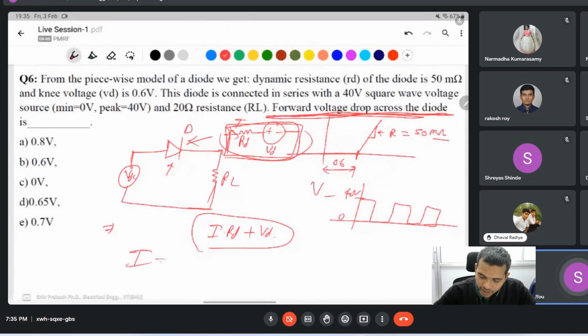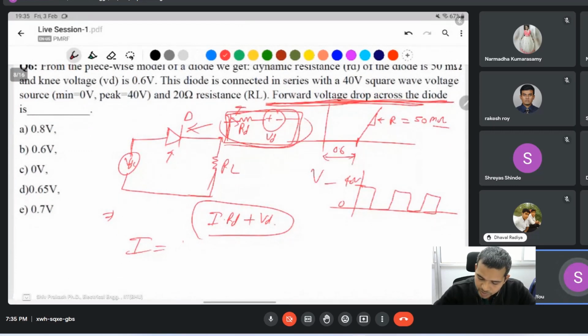You find the current I from 40 divided by RL, about 2 ampere, then the forward voltage is I into RD.